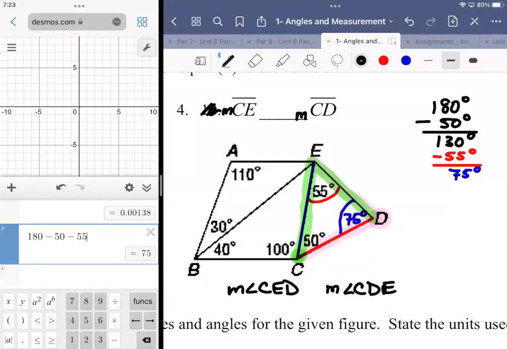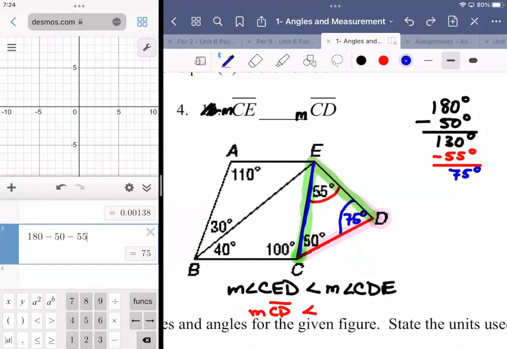All right. Now CED is smaller than CDE. CED is the red. That corresponds with side CD. So the measure of side CD is going to be less than the measure of side CE, because that's the blue here. I know it doesn't look very blue anymore, but now it does.